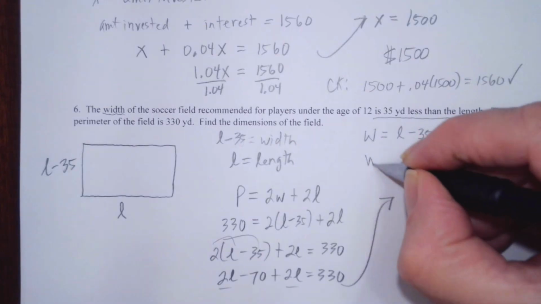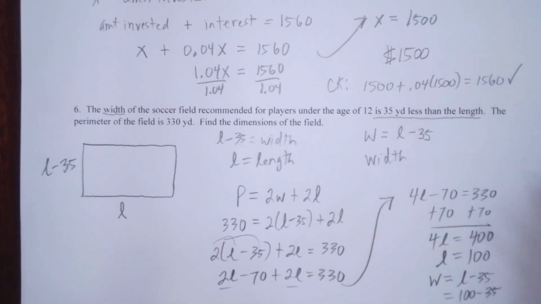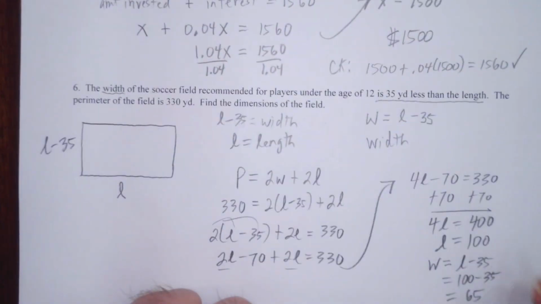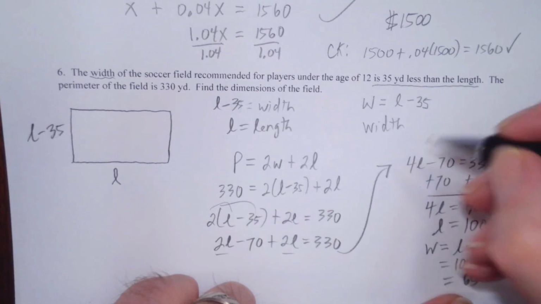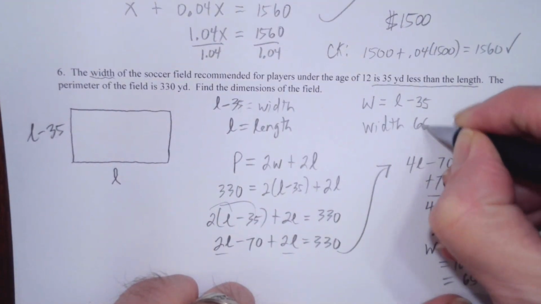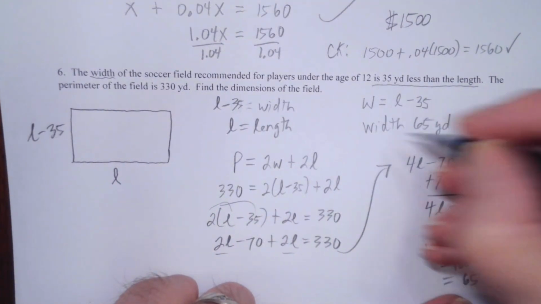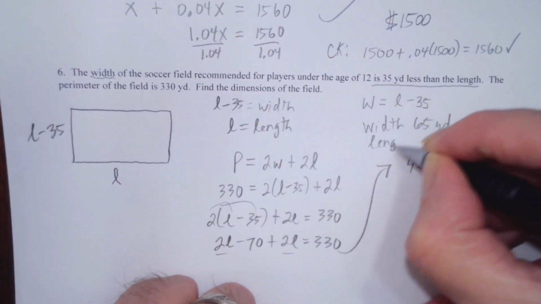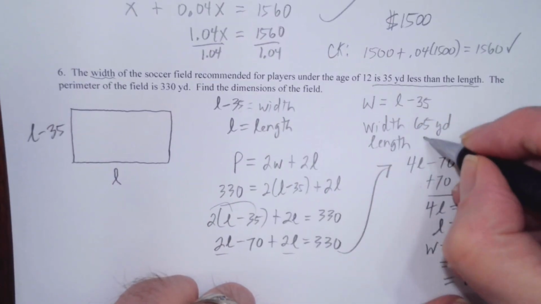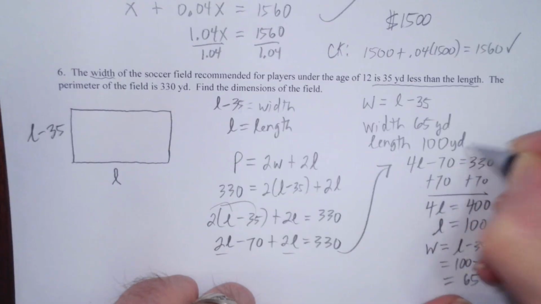So the width we just found to be 65 yards. The length we found to be 100 yards.